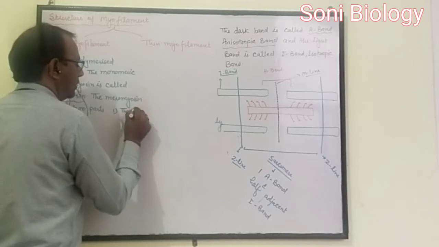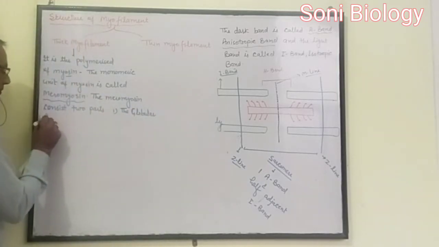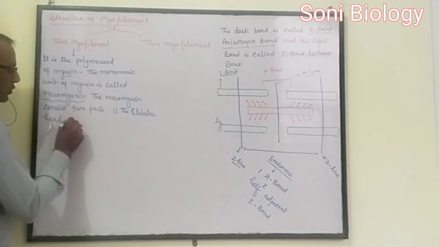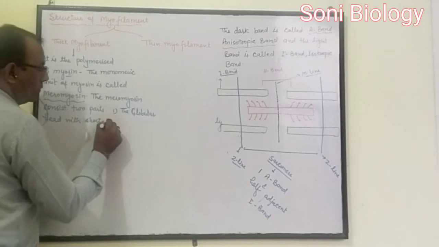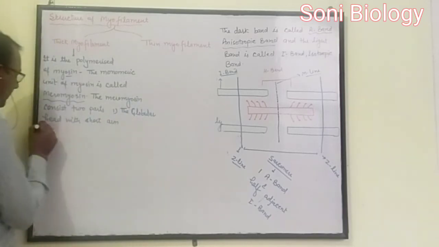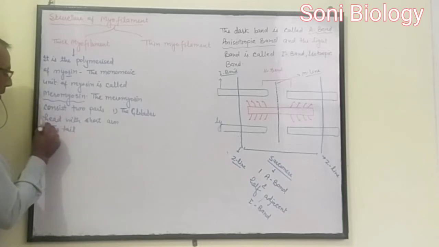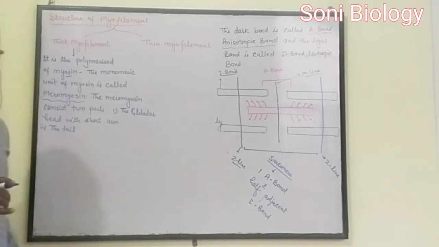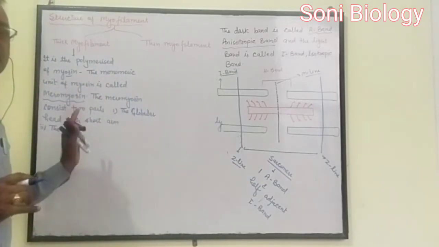And the second part is the tail. There are two parts of meromyosin. Globular head with short arm is the first part, and the second part is the tail.